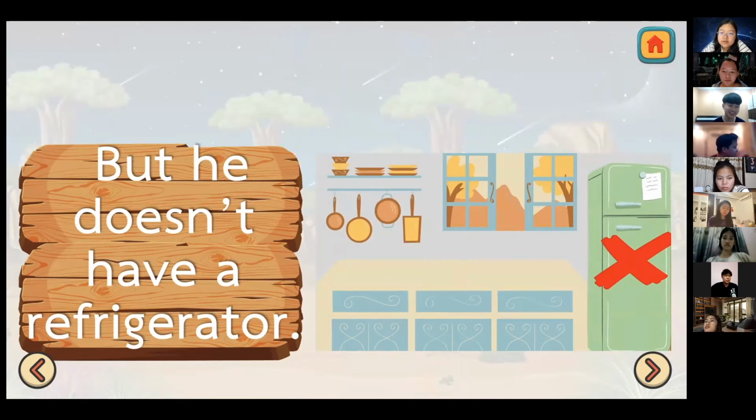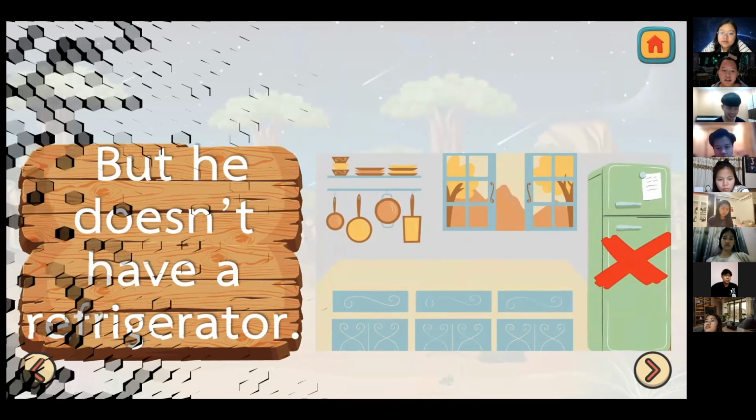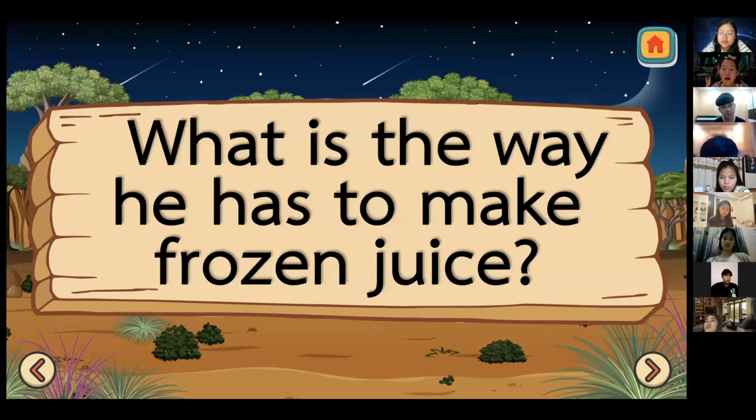So what is the way he has to make frozen juice? You have to find the way to help him because he wants to eat frozen juice very much. Everyone understand? Yes. Very good.